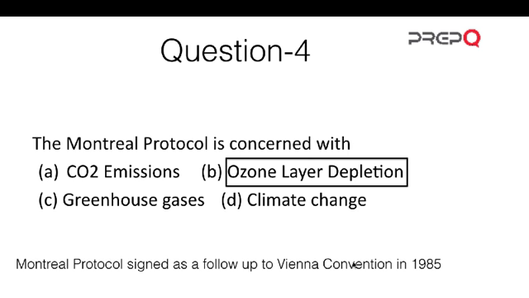It was agreed upon in August 1987 and it came into force from August 1989. It is considered one of the most successful international treaties that has been signed. And probably by 2050 to 2070, it is expected that almost all negative impact of chlorofluorocarbons will vanish based on the action taken by all the signatories to this agreement.